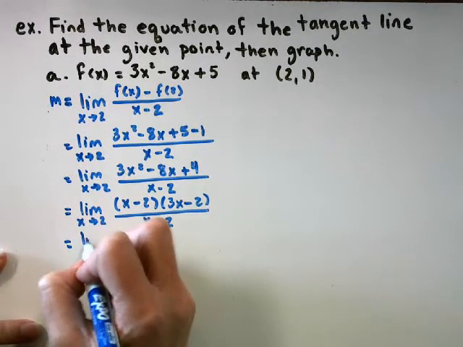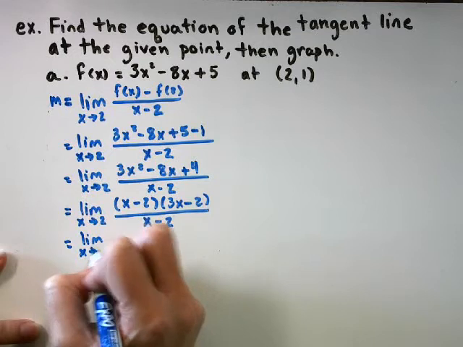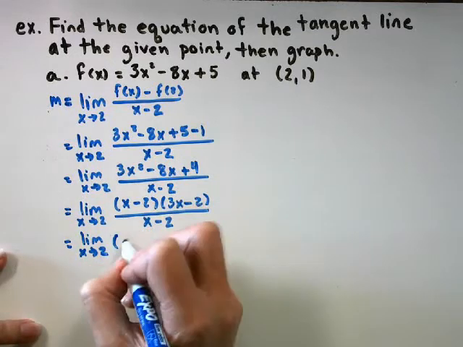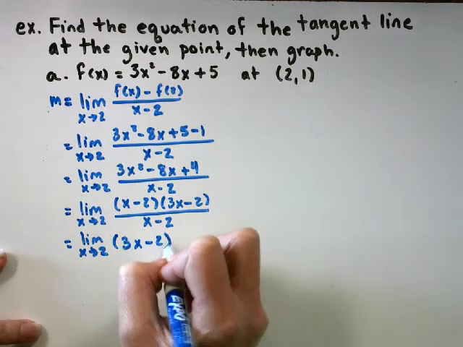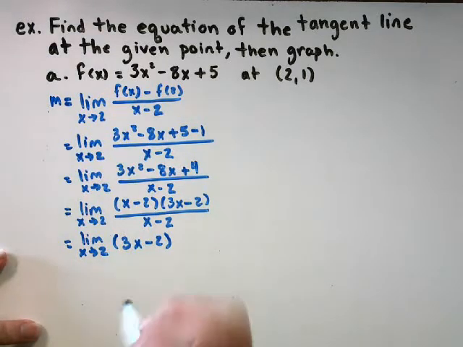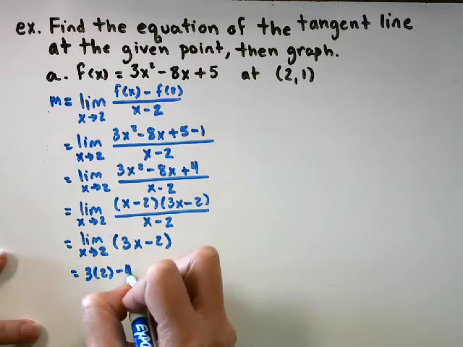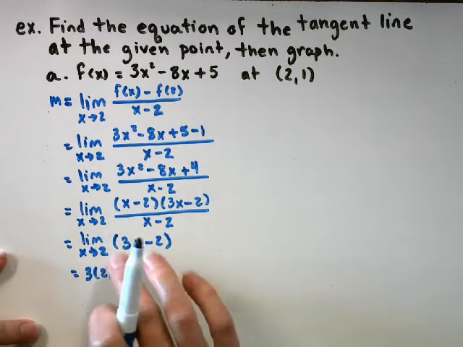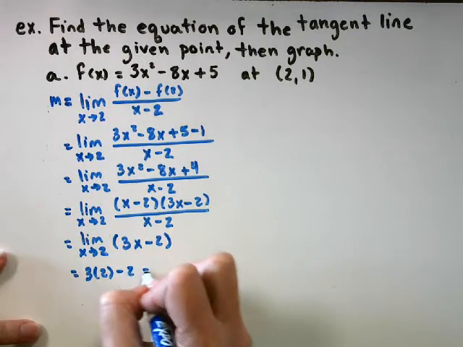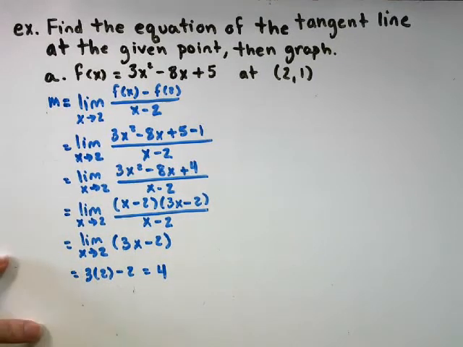So we can take out the common factor, which leaves me with 3x minus 2. And then we plug in 2. So 3 times 2 minus 2 is 4. But we're not done. We have to write the whole equation.